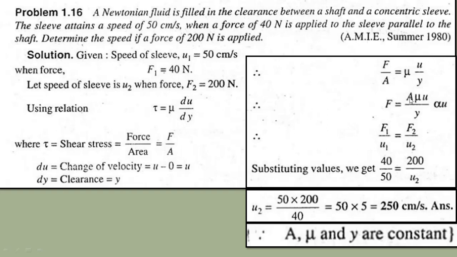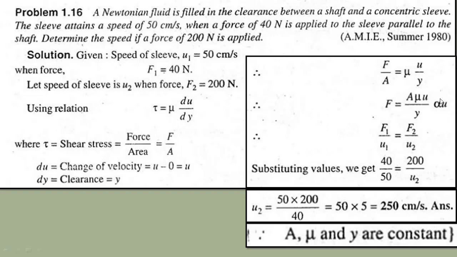Then F divided by A is equal to mu into u by y. So F is equal to A into mu divided by y, into u, so F is proportional to u. Here A, mu and y are constant.